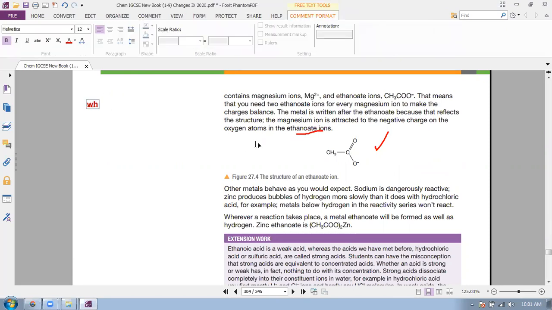When ethanoic acid reacts with zinc, it produces zinc ethanoate and hydrogen.